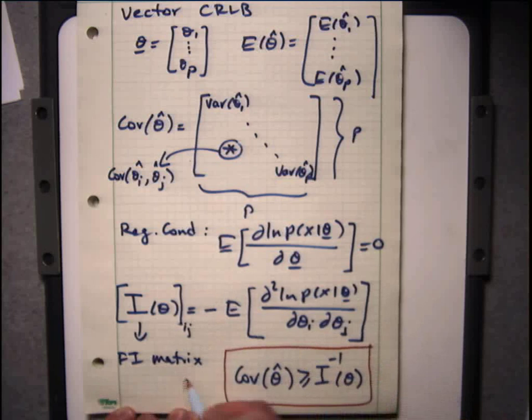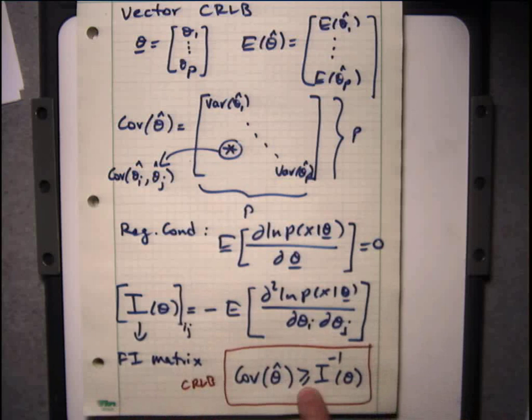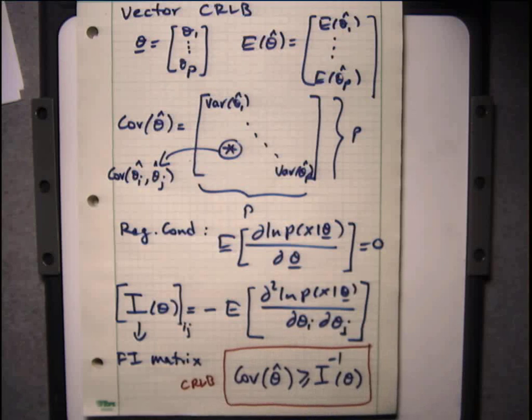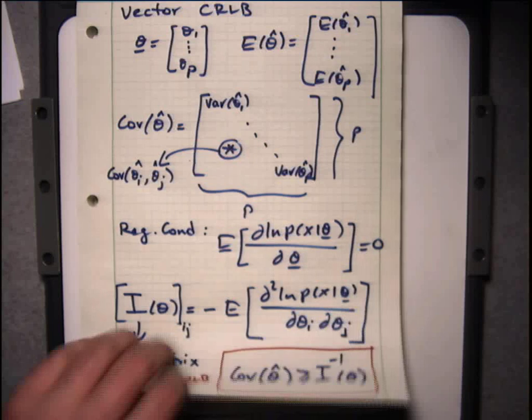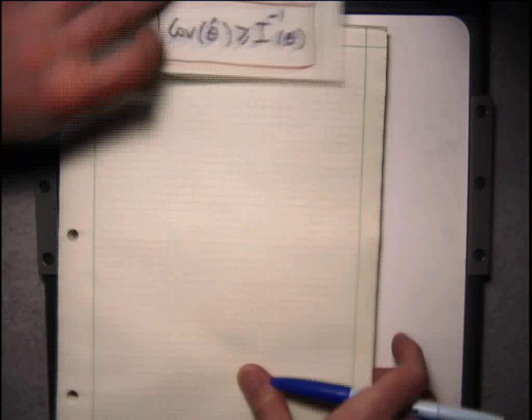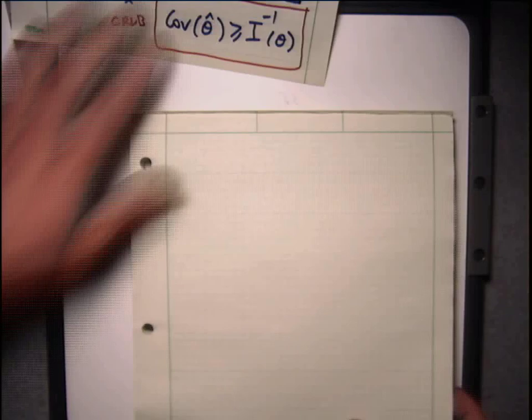This inequality does not mean that the elements of this matrix are bigger than the elements of that matrix. What it does mean is that the difference between these two matrices is positive semi-definite. This is a big deal. It's a very important difference. So this is bigger than in a matrix sense.